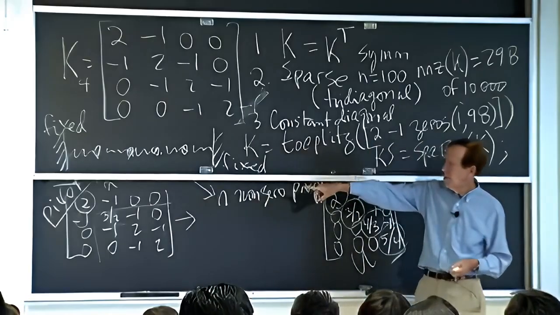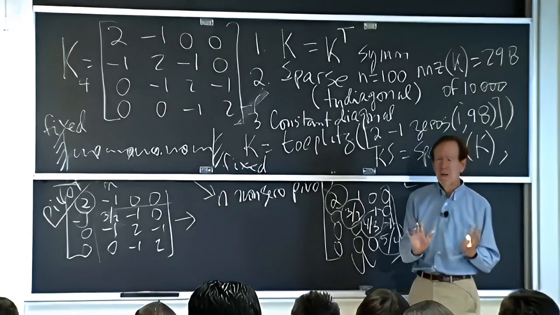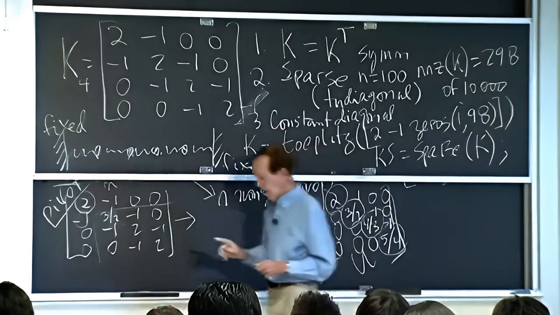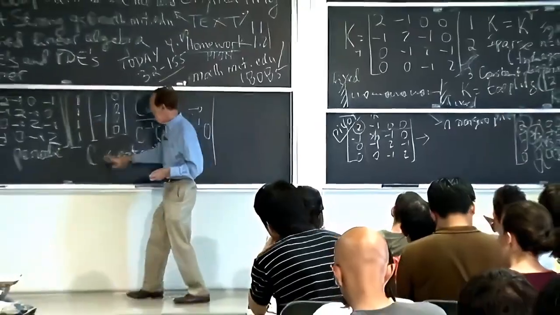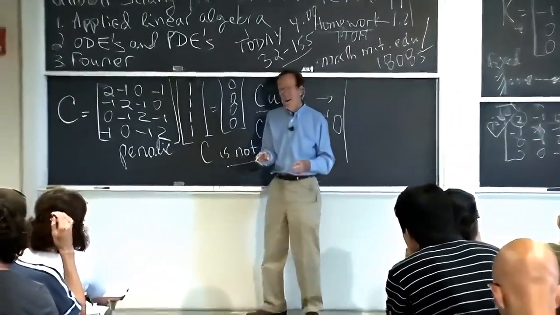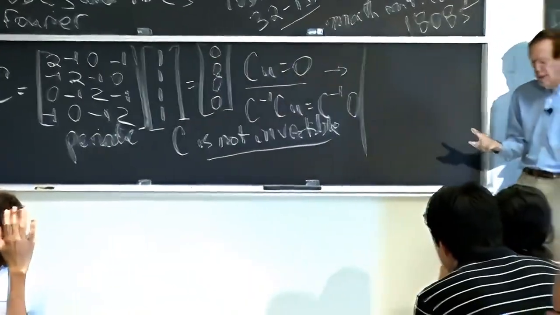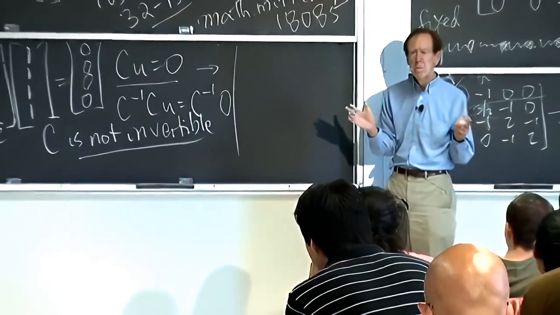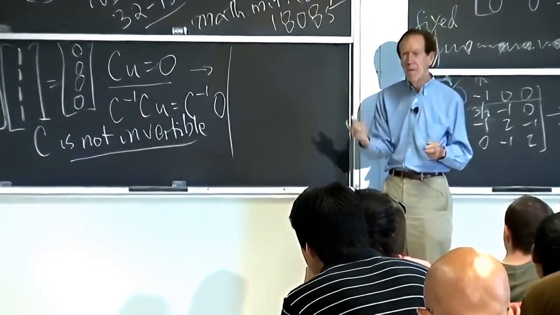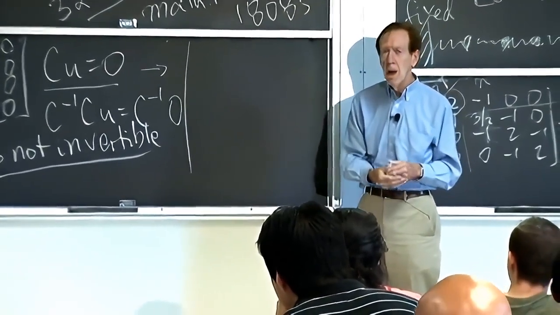Now, what's the picture that goes with C? What's the picture with C? Do you have an instinct of that? So C is periodic. So again, we got 4 masses connected by springs. But what's up with those masses to make the problem cyclic, periodic, circular, whatever word you like?